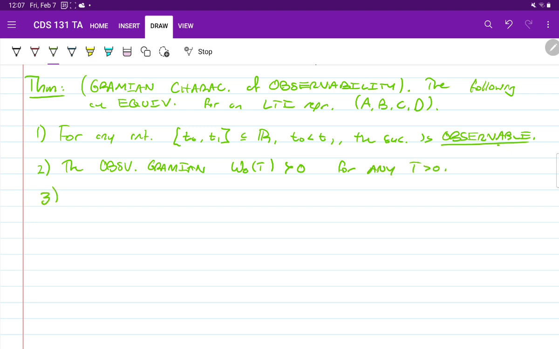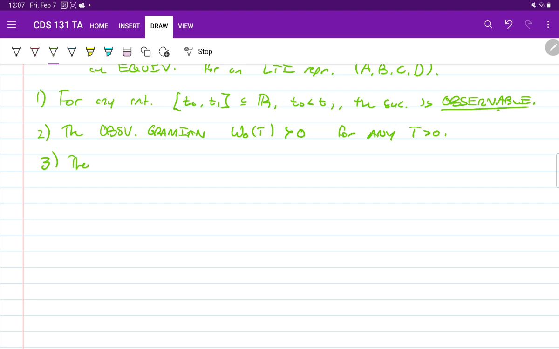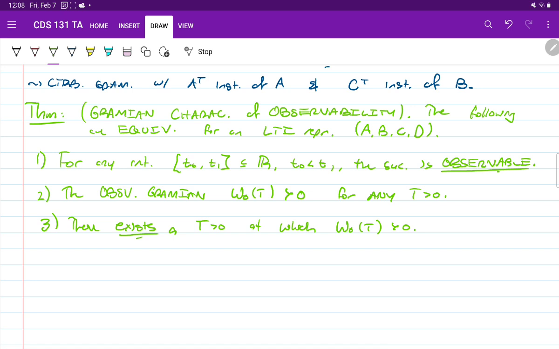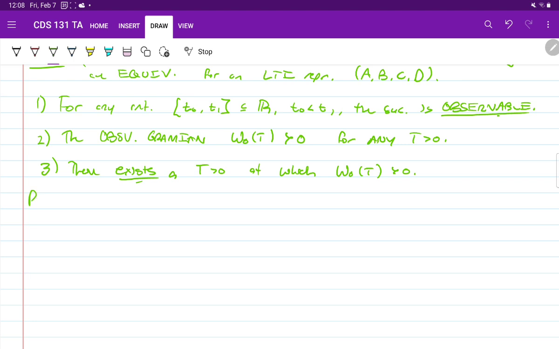Condition 3: there exists a time T greater than 0 at which W_O(T) is positive definite. This theorem effectively takes the standard controllability Gramian theorem and translates it directly to the observability Gramian. The proof is as easy as applying the duality lemma and then the controllability Gramian theorem. That will directly give you a proof.